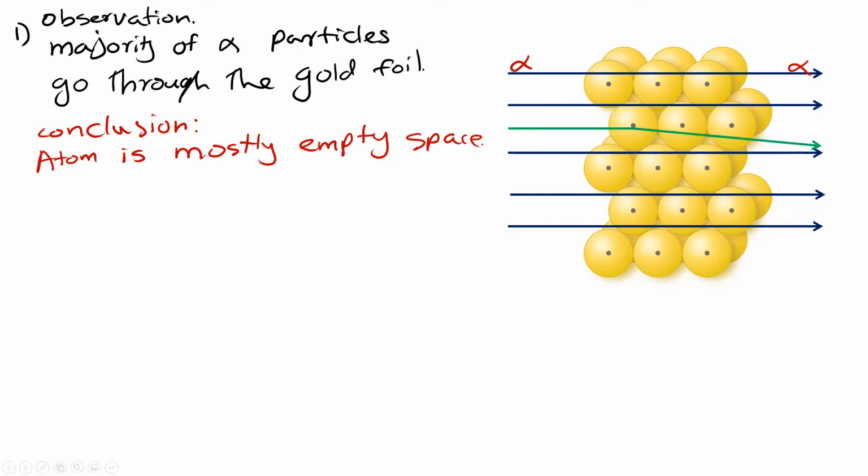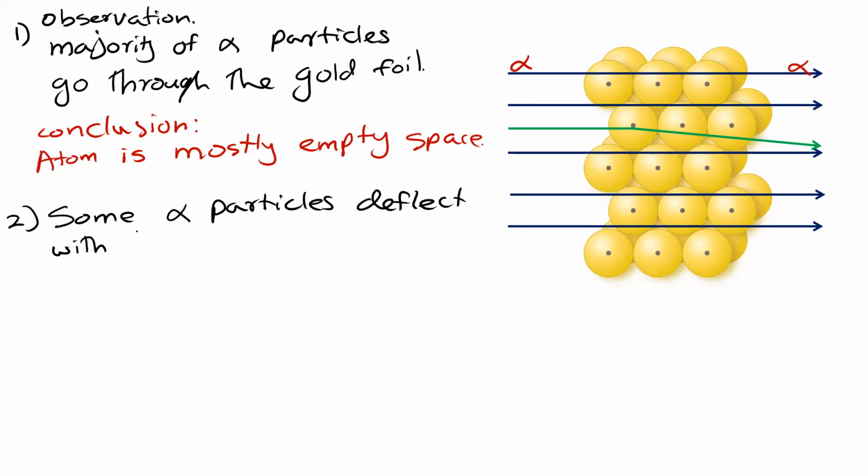And then he saw that there are some alpha particles that deflect with a large angle. So the second observation is that some alpha particles deflect with a large angle.